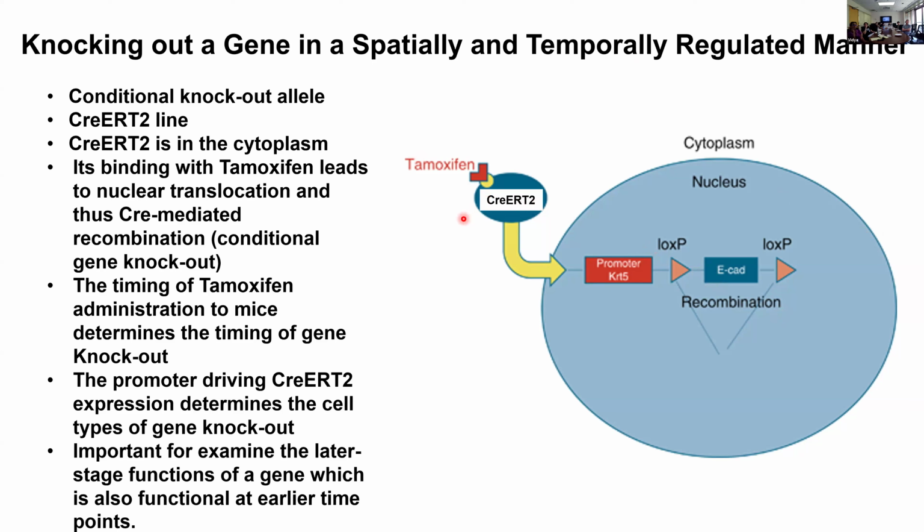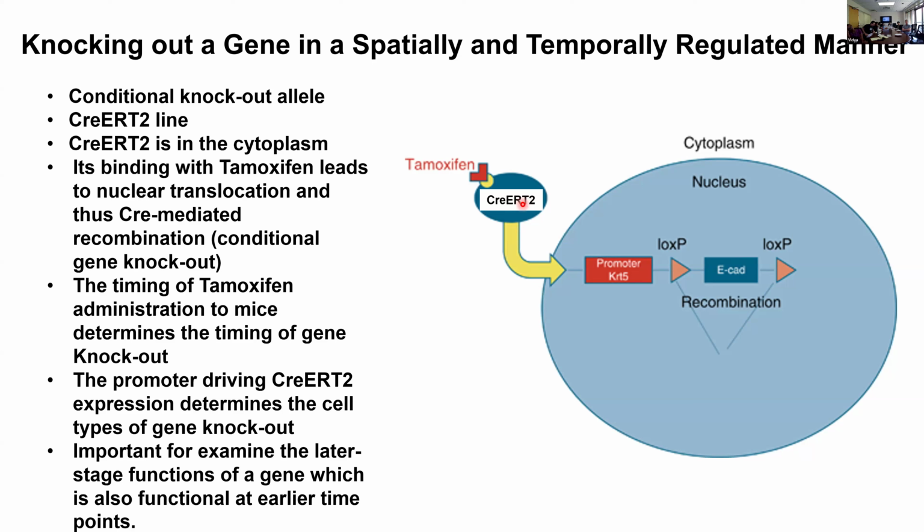The promoter drives this protein called Cre-ERT2, a Cre recombinase fused with an estrogen receptor. Normally, without tamoxifen or estrogen, the Cre-ERT2 is expressed, but it's localized in the cytoplasm.